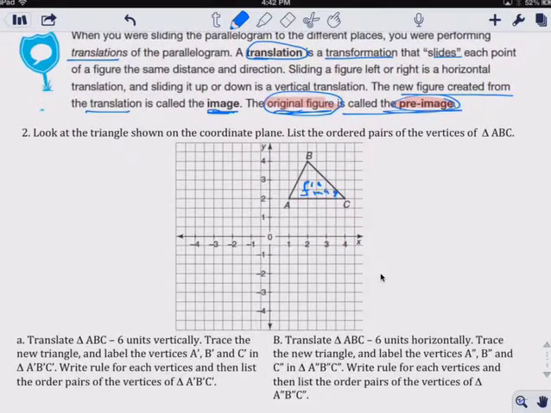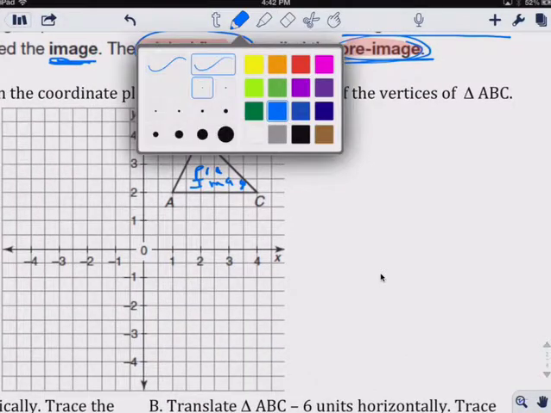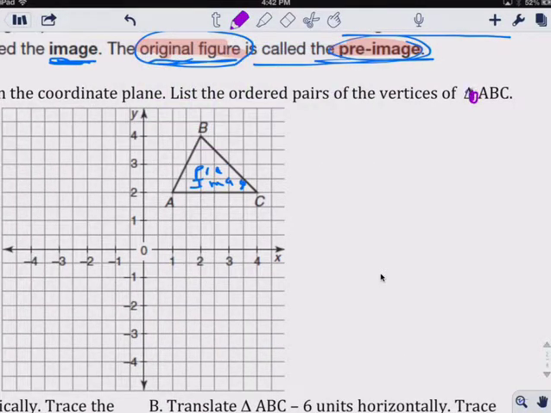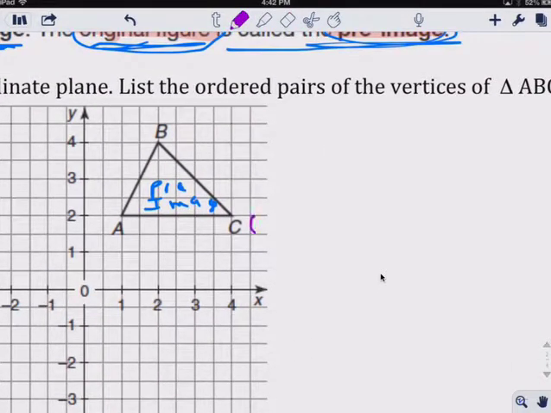Look at the triangle shown on the coordinate plane. List the ordered pairs of the vertices of triangle ABC. Okay, so this symbol here means triangle. So list the ordered pairs. Sorry.